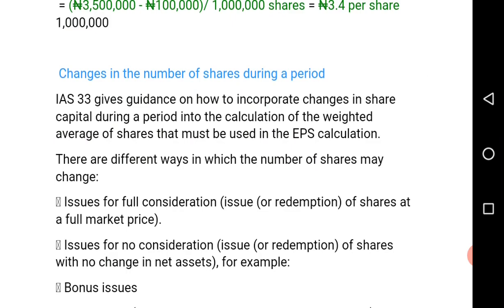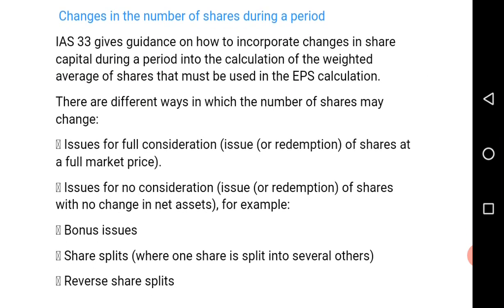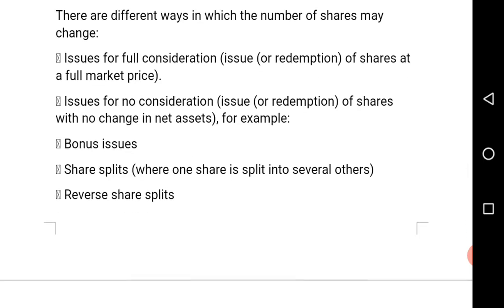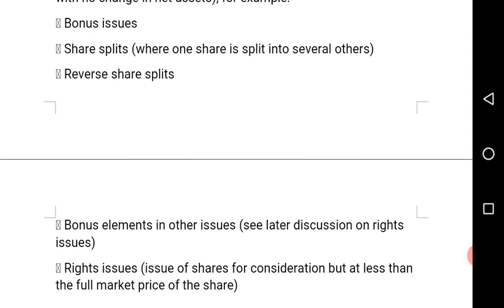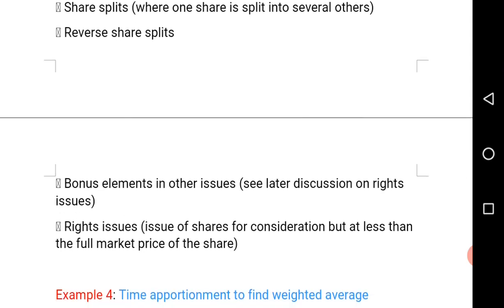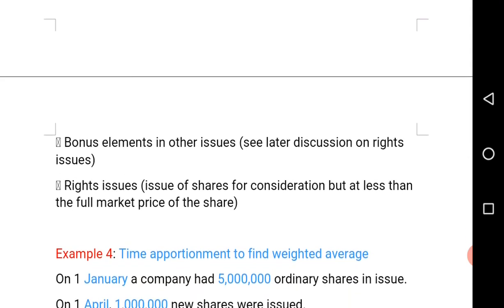Now this is like a gift, put gift in quotes, a free share, usually to existing shareholders. Examples of that with no consideration are bonus issues, share splits, reverse share splits, and the like. Bonus elements in other issues, rights issues as issue of shares but less than full price. So we'll know the difference between rights issues and the like as we go on.